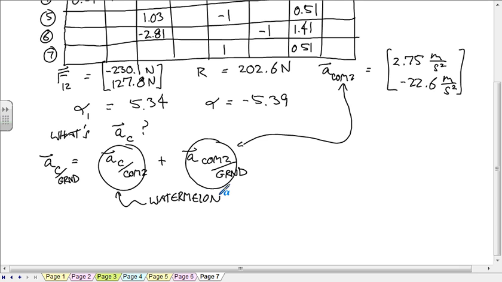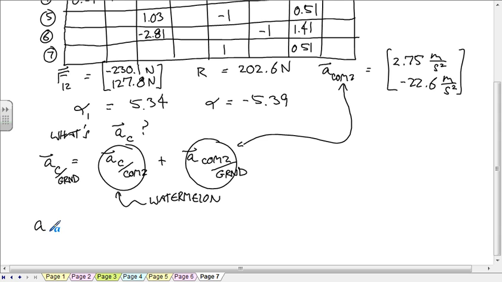I have one question here. Why am I doing the acceleration? Oh, so let me set up this watermelon equation, and then maybe my question will make sense.